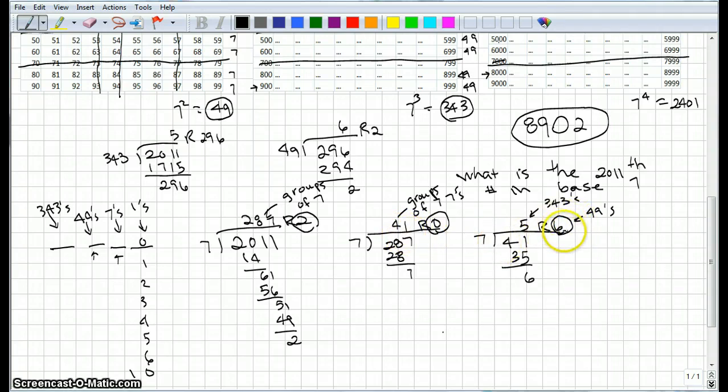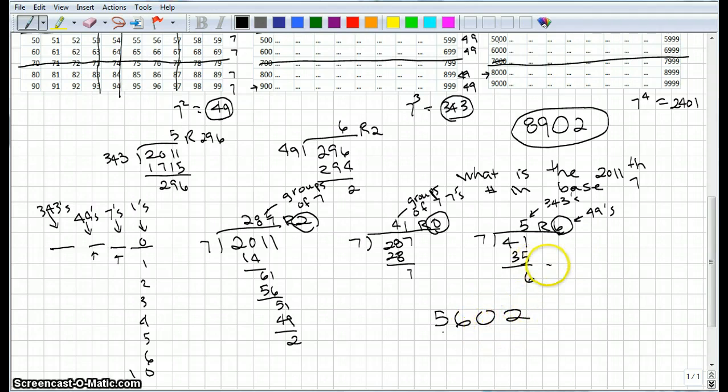And so we have 6 49's and then 5 groups of 7 49's, which is 343. All right, so what does that tell us our digits are? We have 5 in the 343's place, 6 in the 49's place, 0 in the 7's place, and 2 in the 1's place.